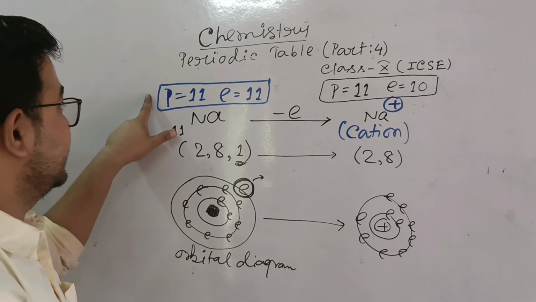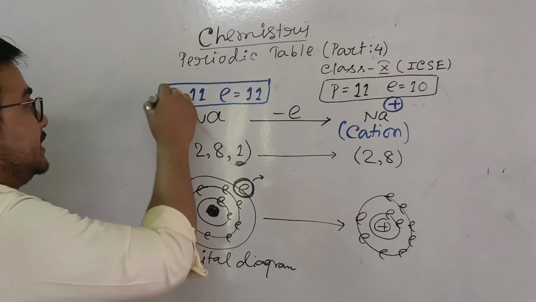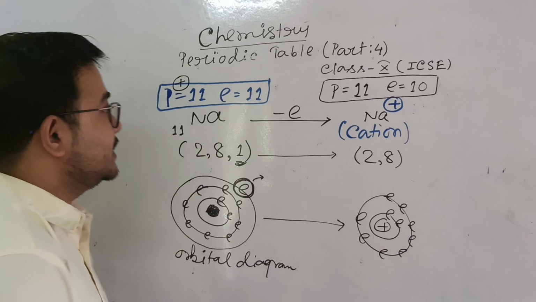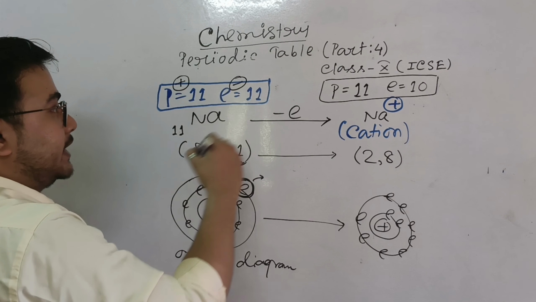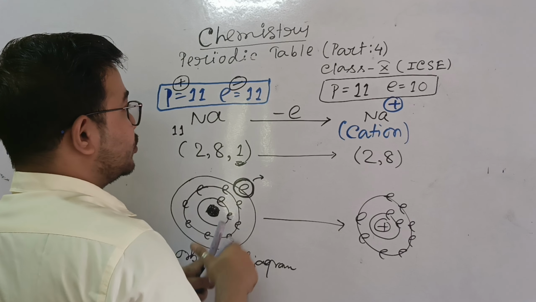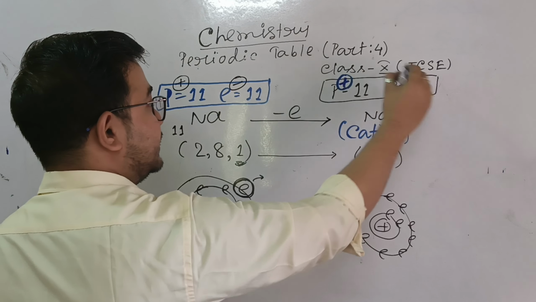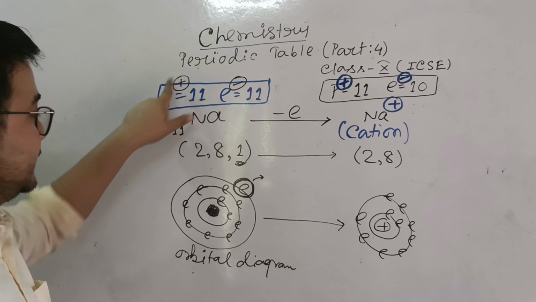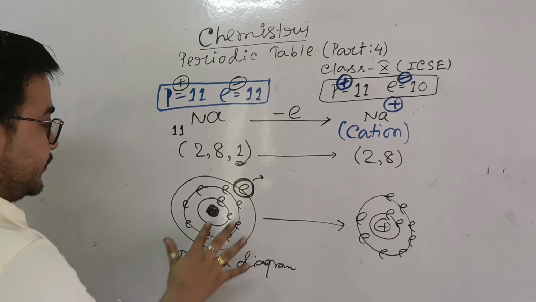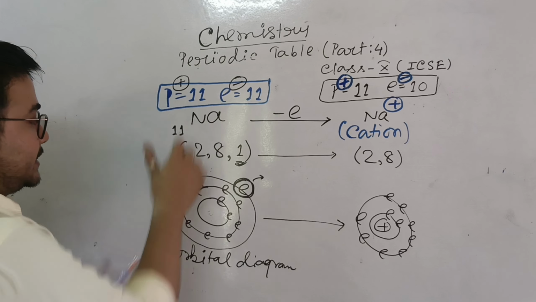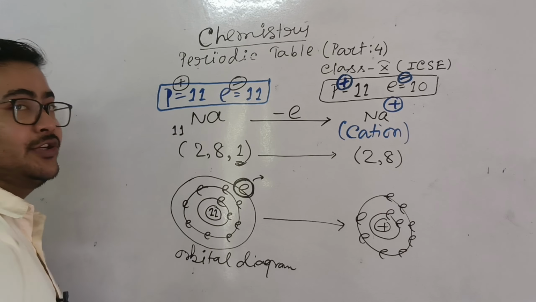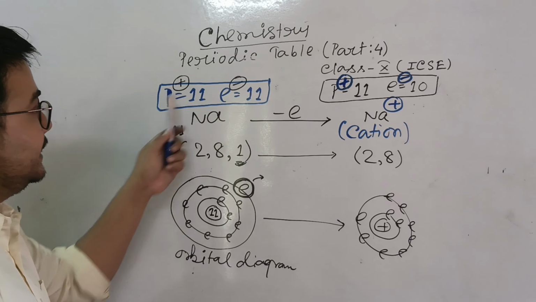Where? Here. Tell me, what is the charge of a proton? A proton is obviously positively charged. And what is the charge of an electron? Negative. Here also, protons are positively charged and electrons negatively charged. Now tell me, in this case how many protons are present in the nucleus? Here 11, so I marked it 11. And how many electrons are present? Obviously 11.